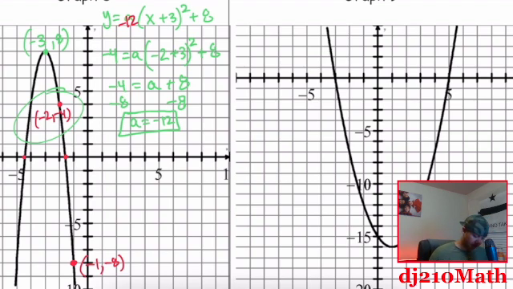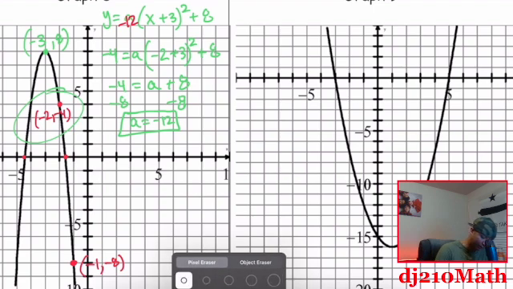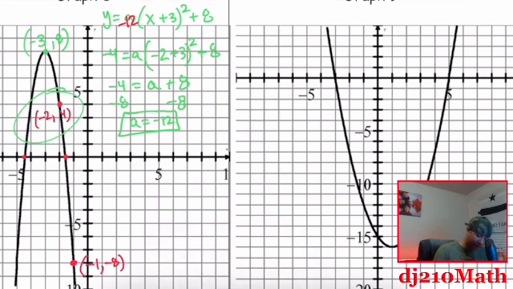Something doesn't seem right. Oh, I know why. Did you catch it? Daggum. All right. This isn't negative. It's +4. Oh my goodness. All right, +4. So 4 minus 8.